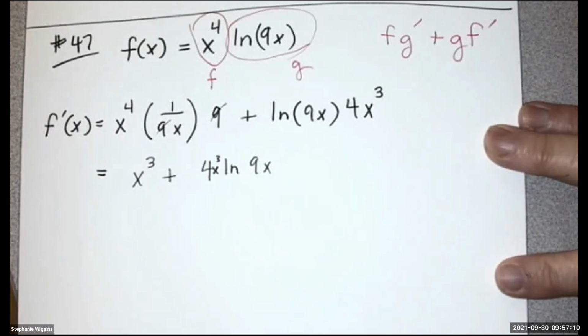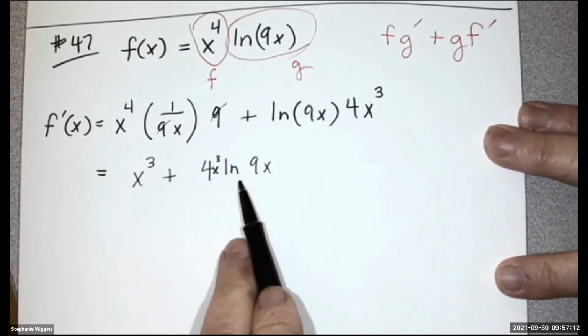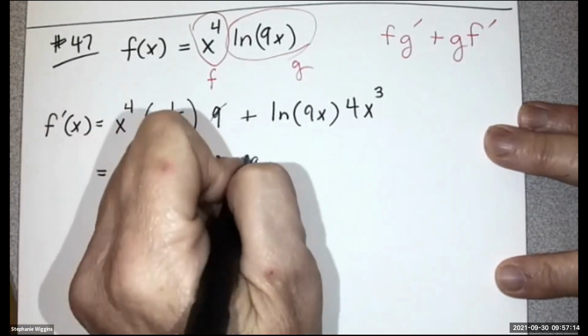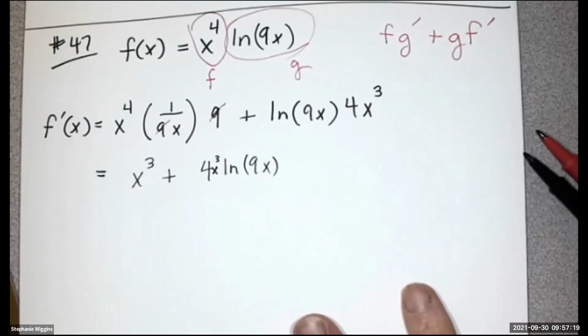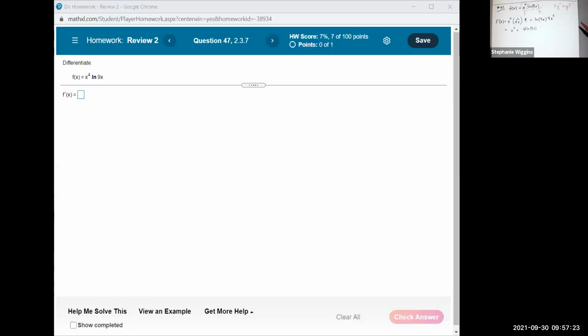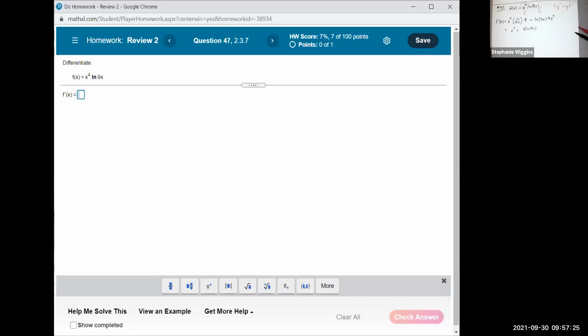I'll write that there. Okay. X cubed plus 4x cubed times the natural log of 9x. All right. So I'm going to go ahead and enter that in. And like I said, you don't have to simplify it if it's a non-multiple choice question, so that way I can see that you understand the rules that you're applying. That's the main thing, is to know the rules.